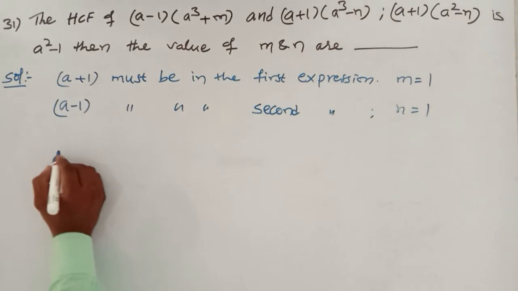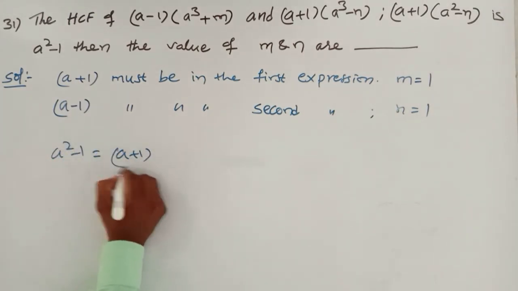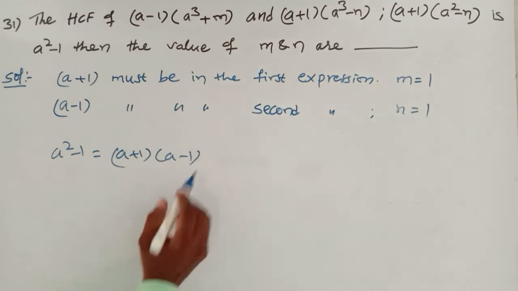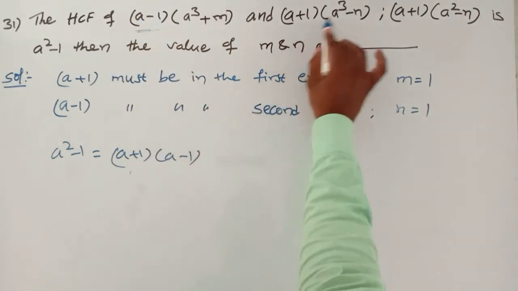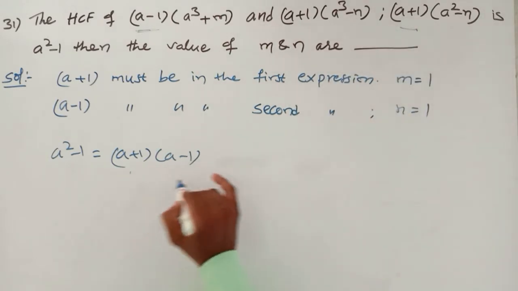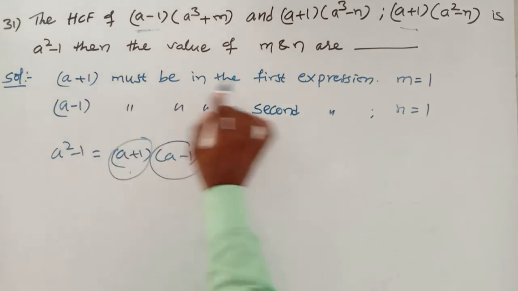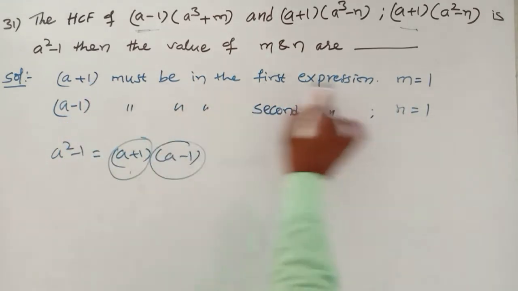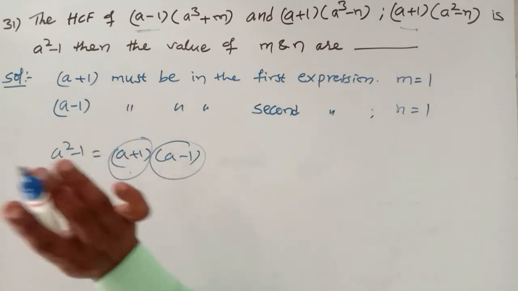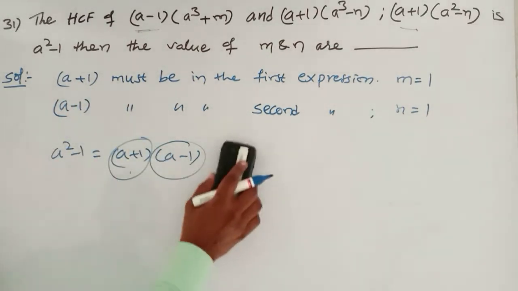Why? Because a square minus 1 I can expand into (a plus 1) into (a minus 1). But in the first term a plus 1 is missing, whereas in the second and third terms a minus 1 is missing. So a plus 1 must be present in the first expression and a minus 1 in the second expression.